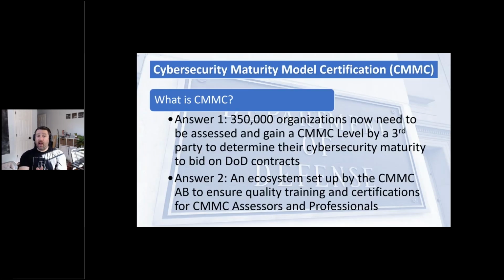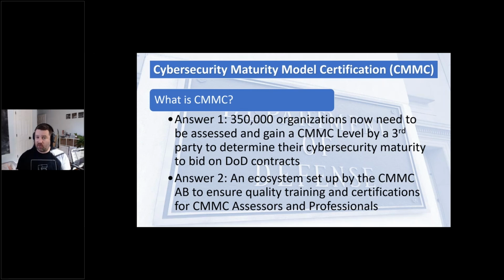Okay, so we now know a lot more about CMMC, I hope. We know that there's 350,000 organizations plus subcontractors. That could be any number of you on this webinar that are switching from a self-attestation model to a third-party assessment model, meaning sometime in the next 3.5 years, you will need to have a third party come in and assess you and give you a level based on your cybersecurity maturity.